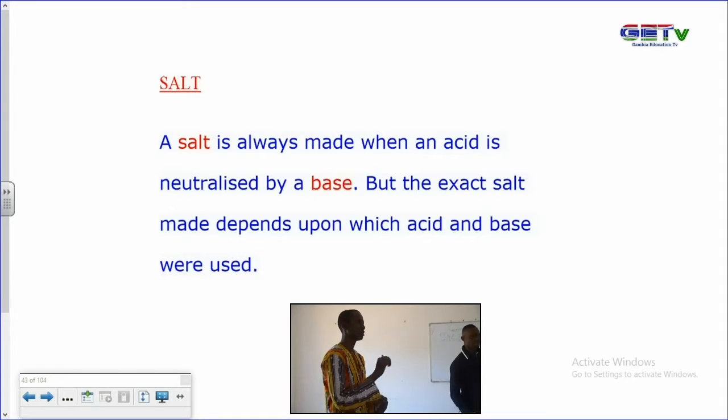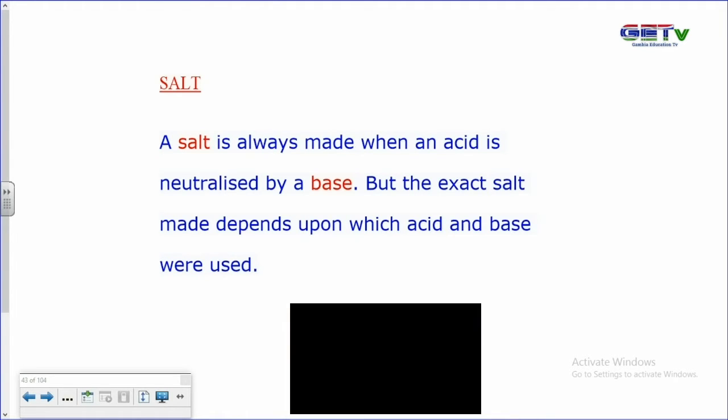We say a salt is always made when an acid is neutralized by a base. So this is why we can define a salt in this way.